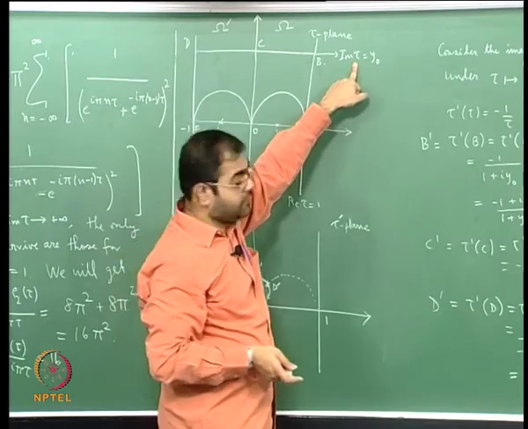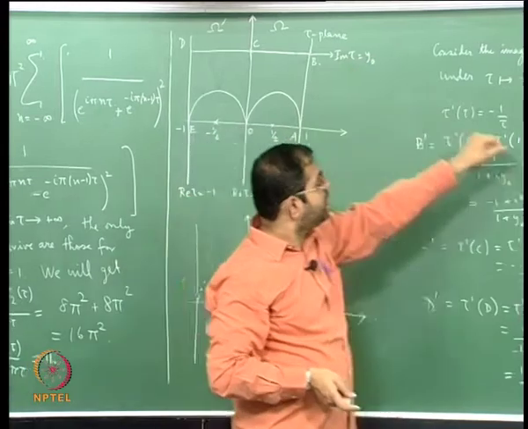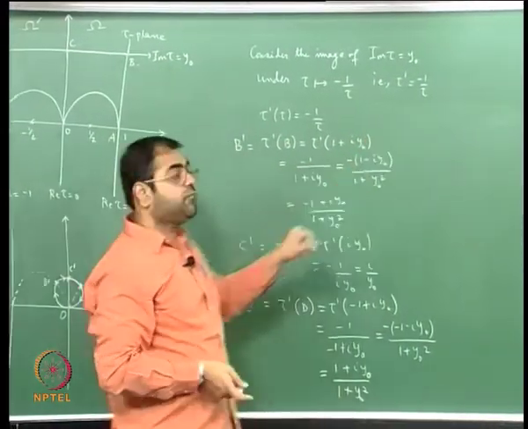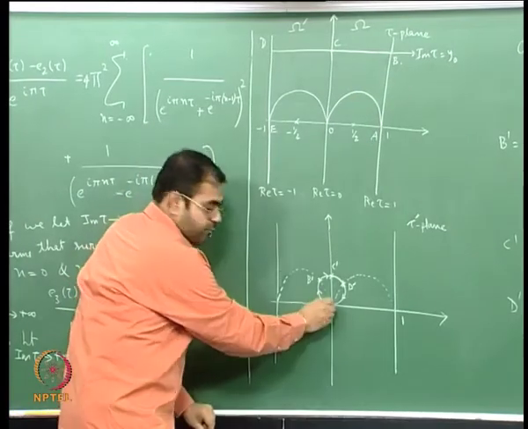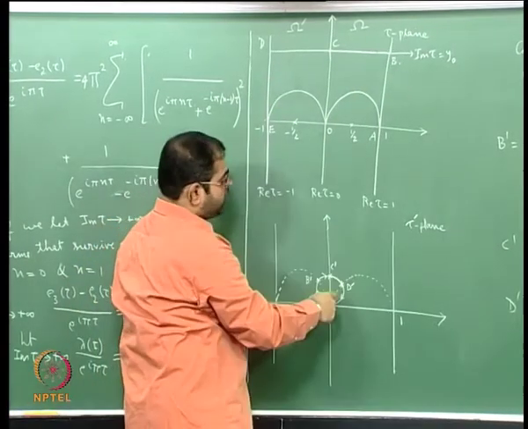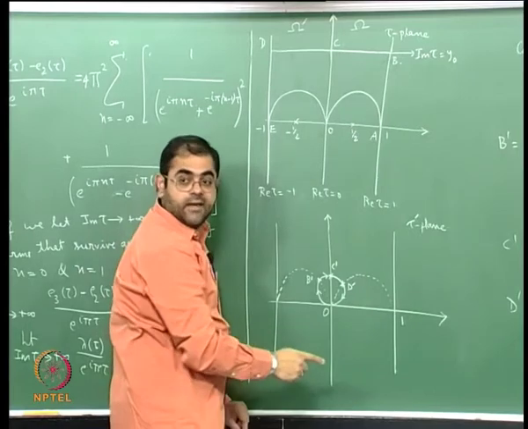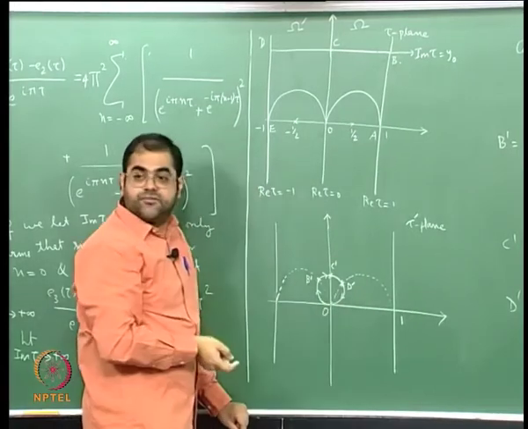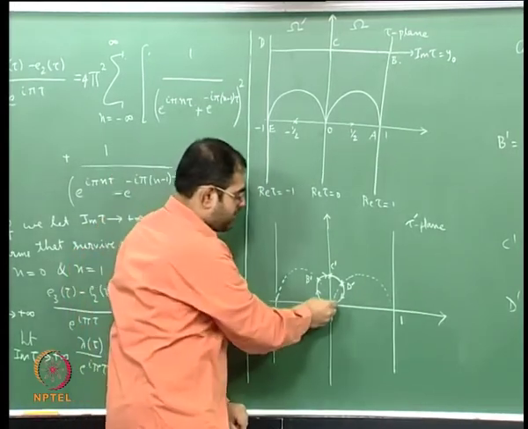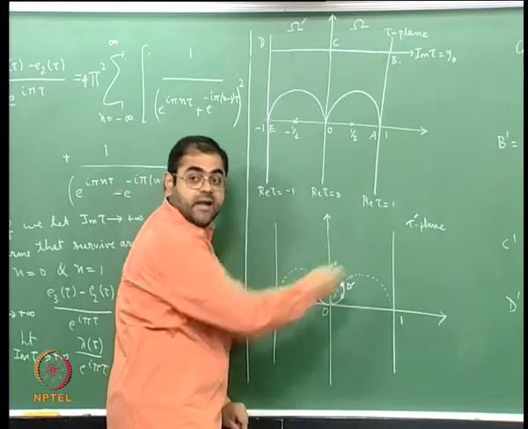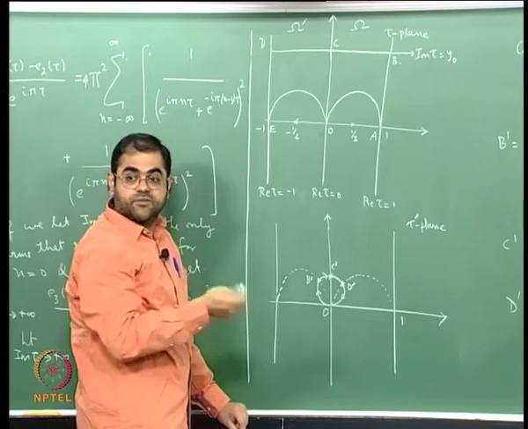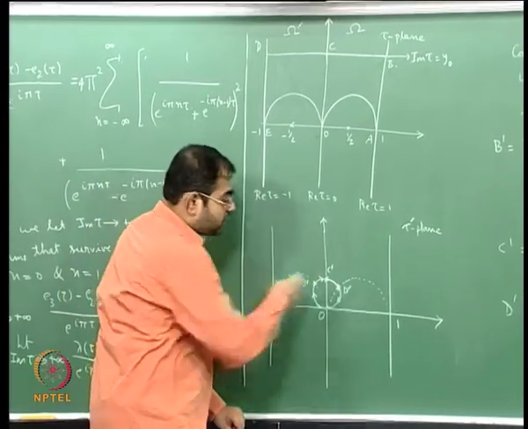But if I let tau tend to infinity, minus 1 by tau will go to 0. Therefore the point at infinity on this line is going to be mapped to 0. So what you will get is the image of this whole line will be this circle. Okay, and by symmetry you can see that this circle has to be tangent to the real axis, because of conformality. Alright, so this is what you will get.